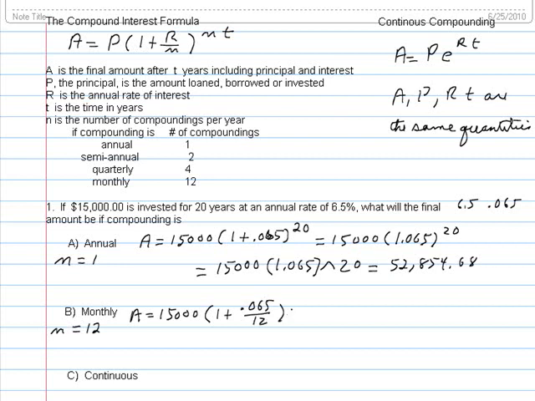Now a lot of people at this point like to put that in their calculator and round that off. You've got to be careful about that. If that doesn't come out even, you're better off leaving that 0.065 over 12, because round off error can kill you in this kind of a problem. And then for our exponent, it's NT, so that's 12 times 20.